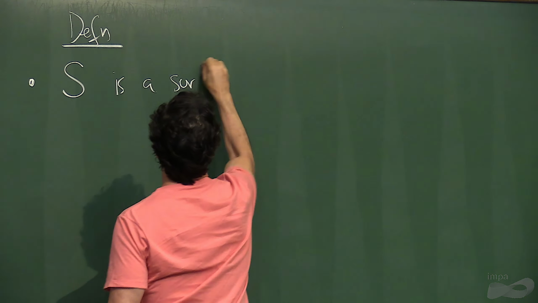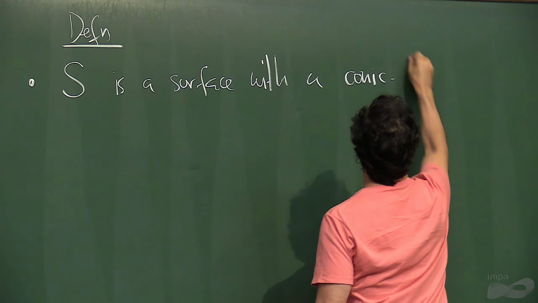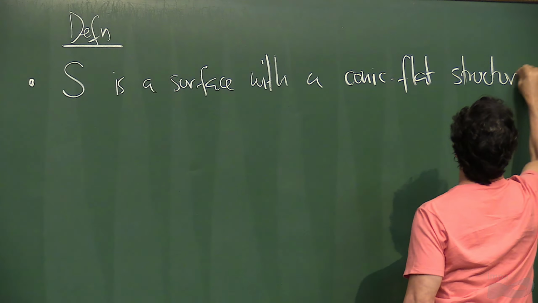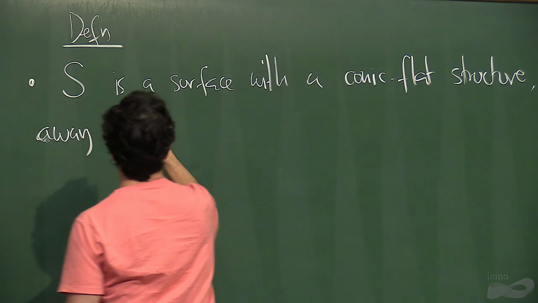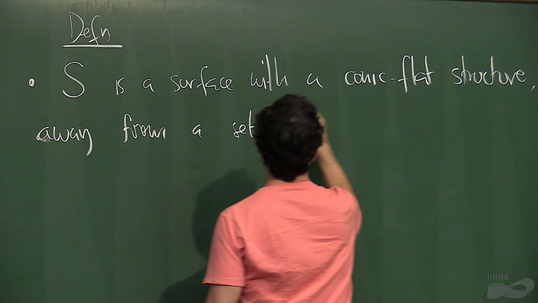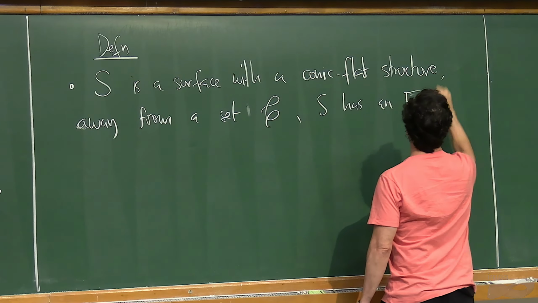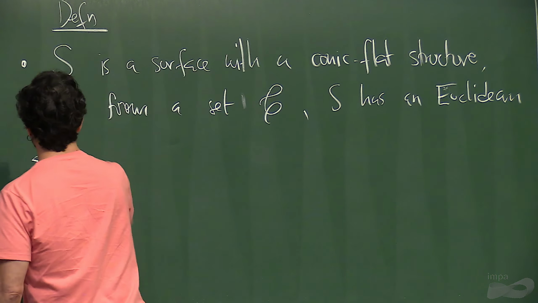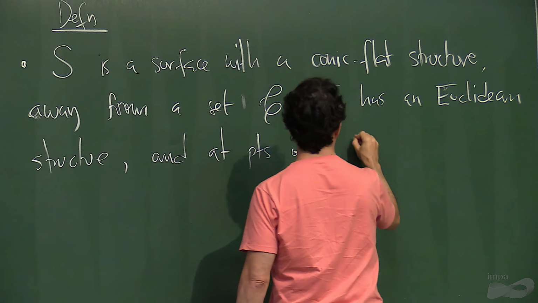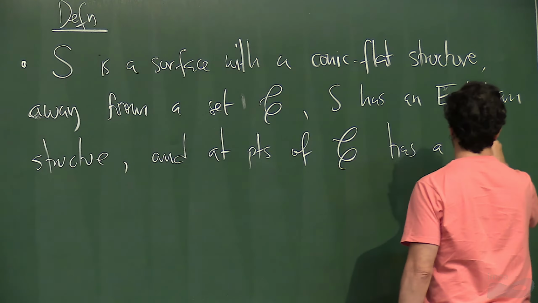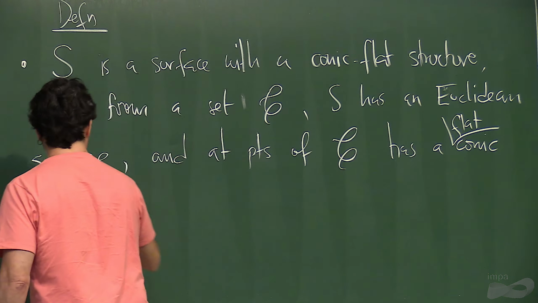S is a surface with a conic flat structure, i.e. away from a set C, which are going to be the cone points, this S has a Euclidean structure, and at points of C it has a flat conic structure, meaning something like this.